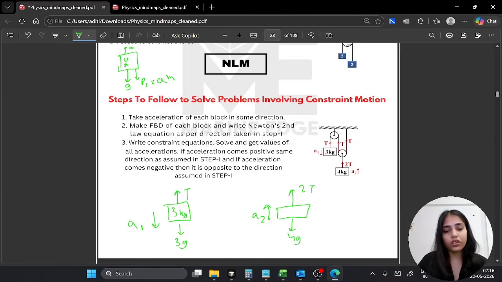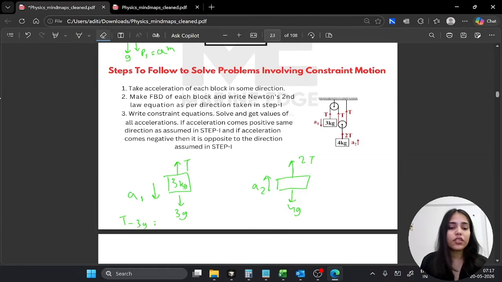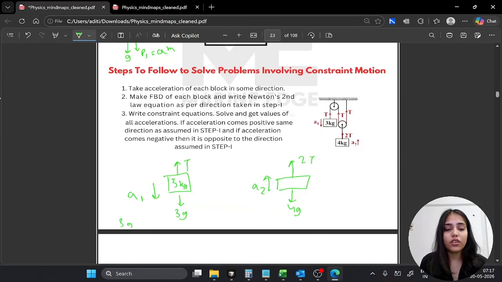Now, we'll balance all the forces. So T minus 3g equals, sorry, not T minus 3g. Since we have assumed that the acceleration is downward, we'll write it as 3g minus T equals 3a1. That will be the equation that balances the forces.